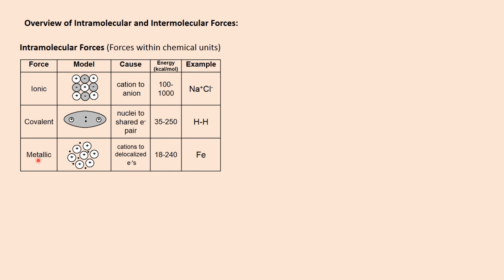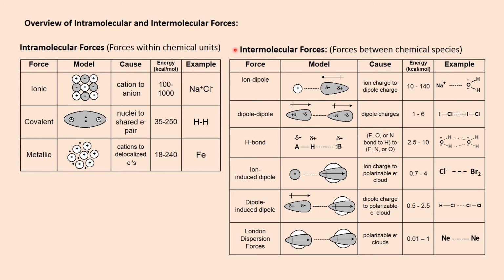And we have metals, which are held together by intramolecular forces in which the cations are attracted to delocalized seas of electrons that are free to move through the solid, in the range of 18 to 240 kcals per mole, for example, iron metal. We really want to spend most of our time looking at the intermolecular forces.